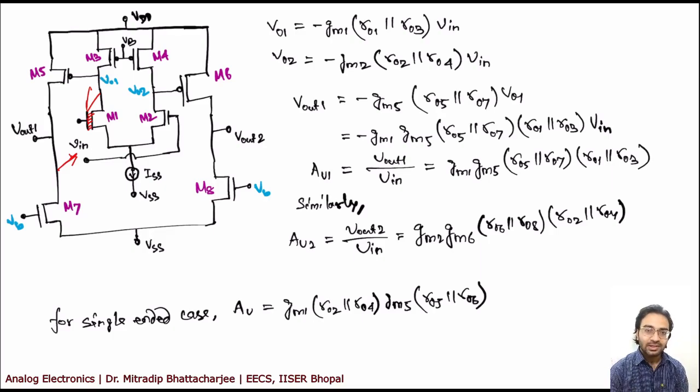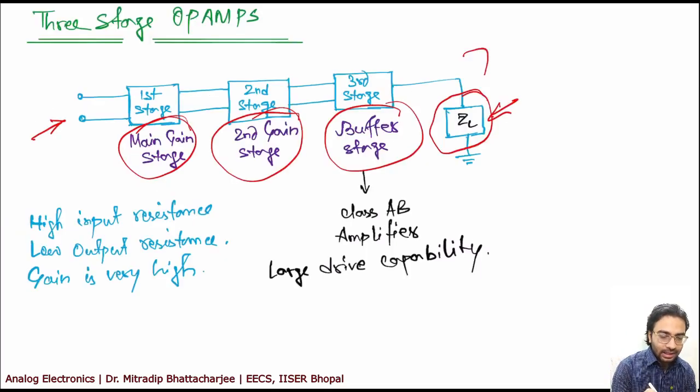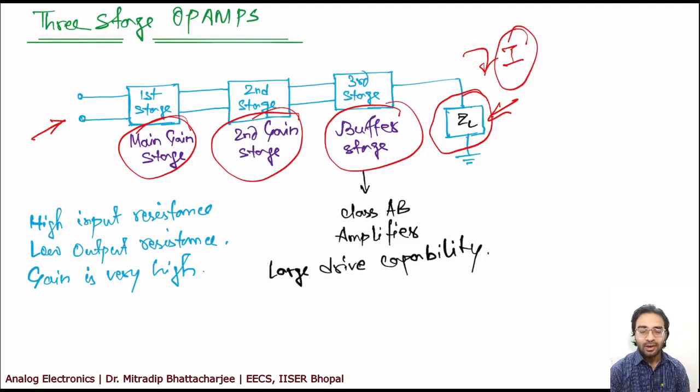From the circuit itself, it is evident that your input resistance will be very high, maybe tens of mega ohms and hundreds of mega ohms. But I have said that you need a higher current. If the current here is higher, what will be your output resistance? Output resistance is proportional to 1 by IDS, or whatever you say, the output current, right?